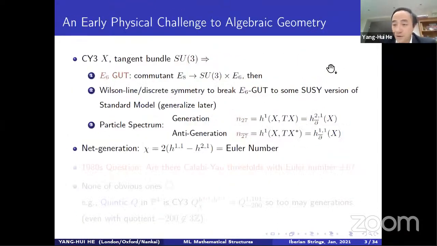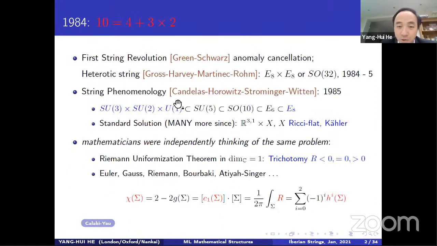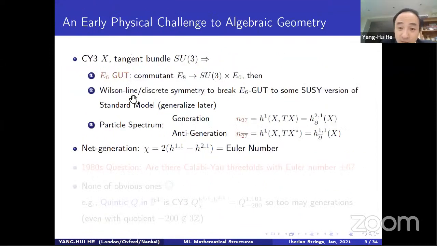This, of course, is not the whole story. The physicists did a nice translation, a dictionary. Not only is the topology controlled by these manifolds when you compactify string theory on them, they also had a very nice interpretation of all the topological invariants of these Calabi-Yau manifolds in terms of the particles, the generations and anti-generations of particles.